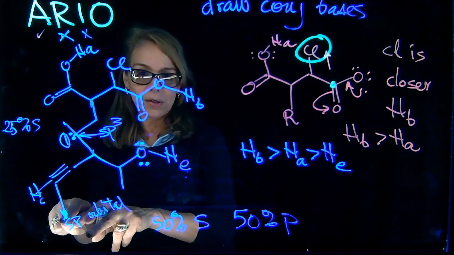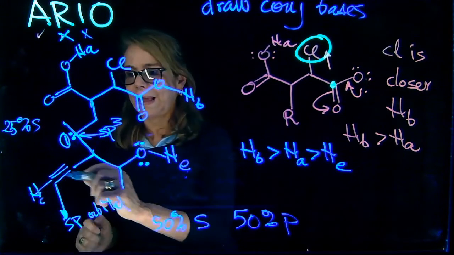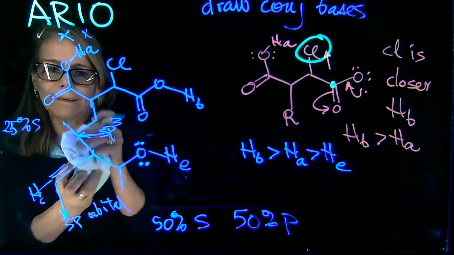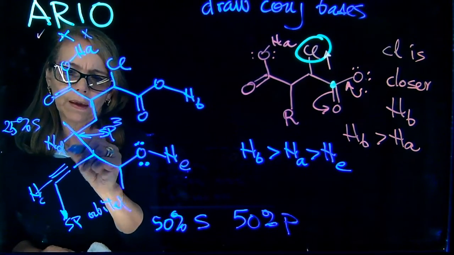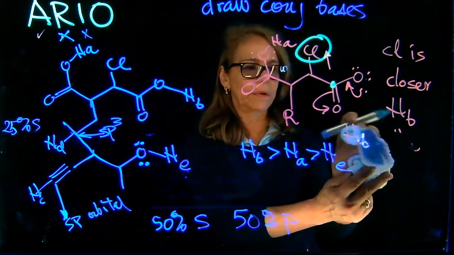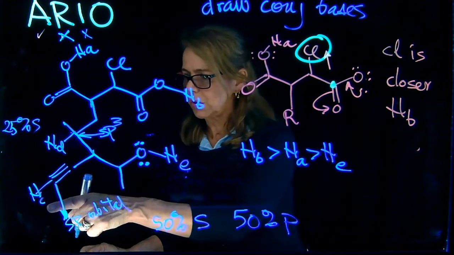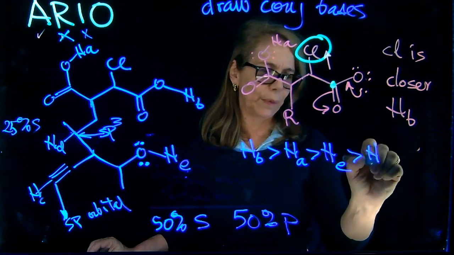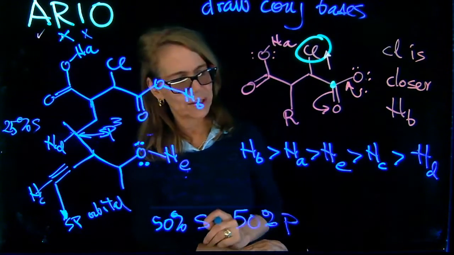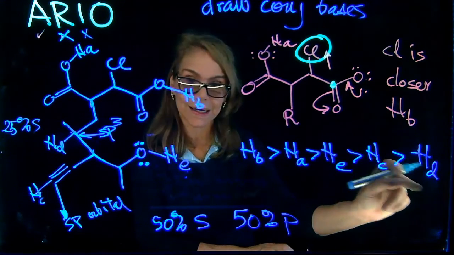Therefore, charge on an sp is more stable. And right there we have determined that hydrogen C is more acidic than hydrogen D, which I'm drawing back, HD. So of the three, HB was the strongest acid. In continuing the ranking, for the other two the charge was on a carbon, but bottom line, the charge here will reside on an sp orbital, and the other is the least acidic because the charge is on an sp3 orbital. So that is the ranking, more acidic to least acidic in this molecule.